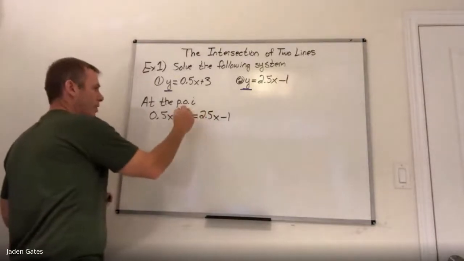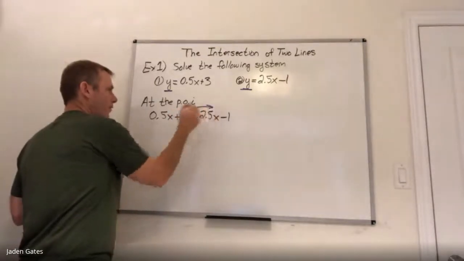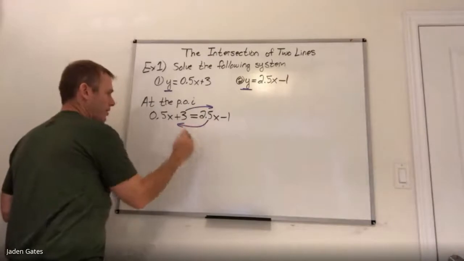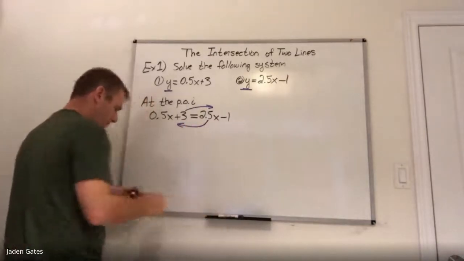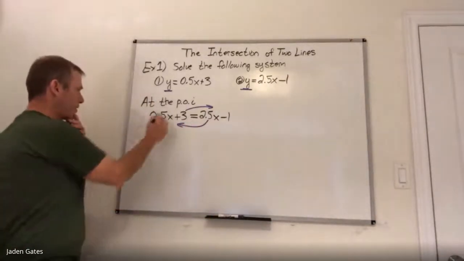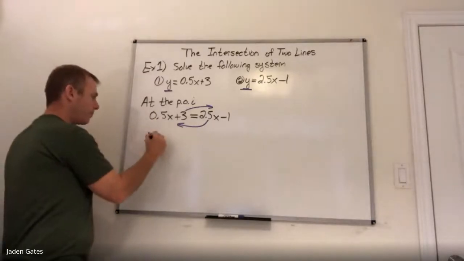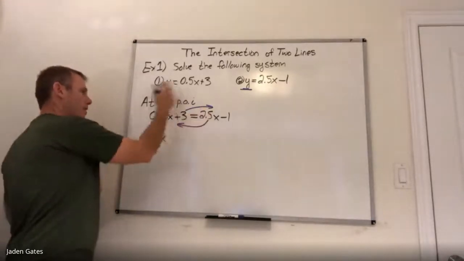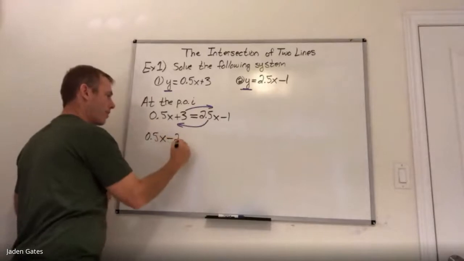So again, I'm going to put numbers on one side. So I'm going to move that 3 over here, and the 2.5x is coming over onto the other. All right, so again, I got a 0.5x here. 2.5x is coming over, so it's a minus 2.5x.